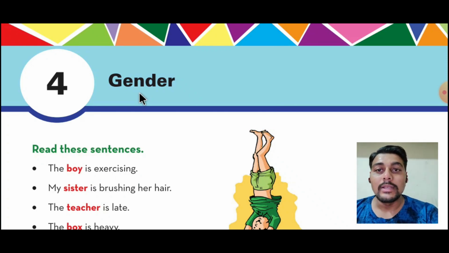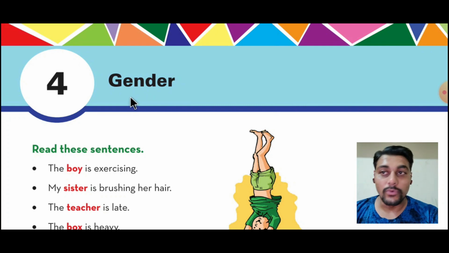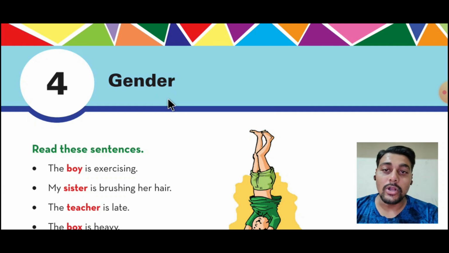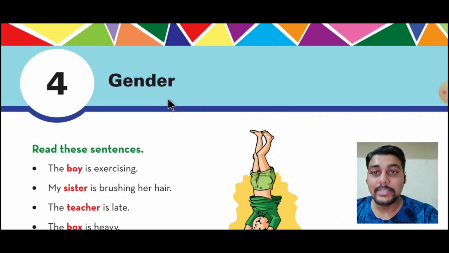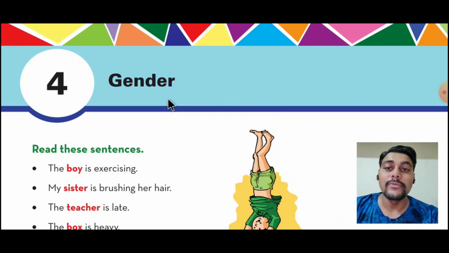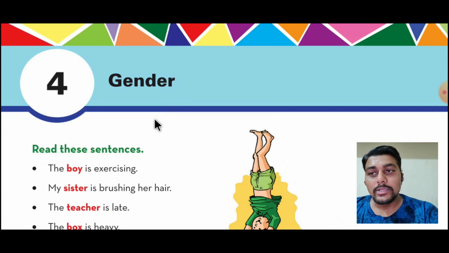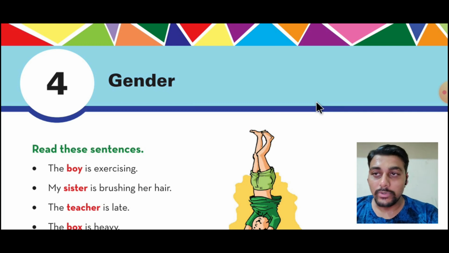Now let's start chapter number 4, and this chapter title is gender. Gender is a kind of classification of nouns, because nouns are categorized in 4 different genders. We will learn everything in detail. So let's start the explanation of chapter number 4.